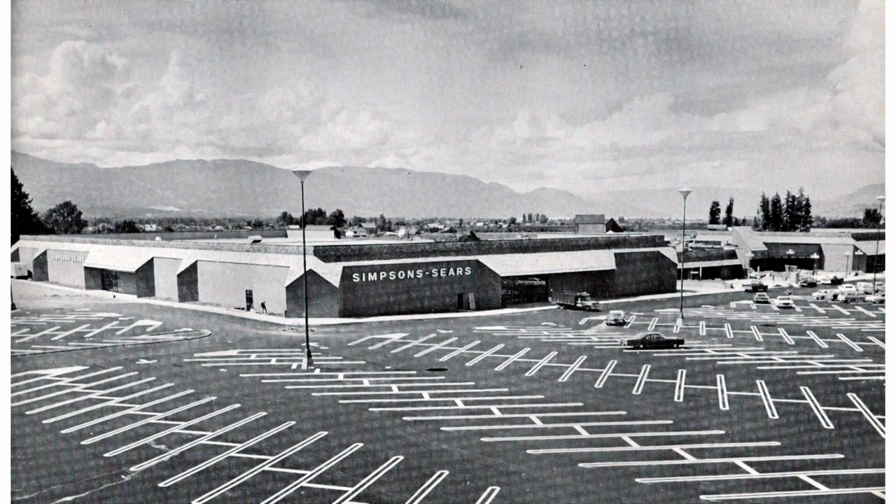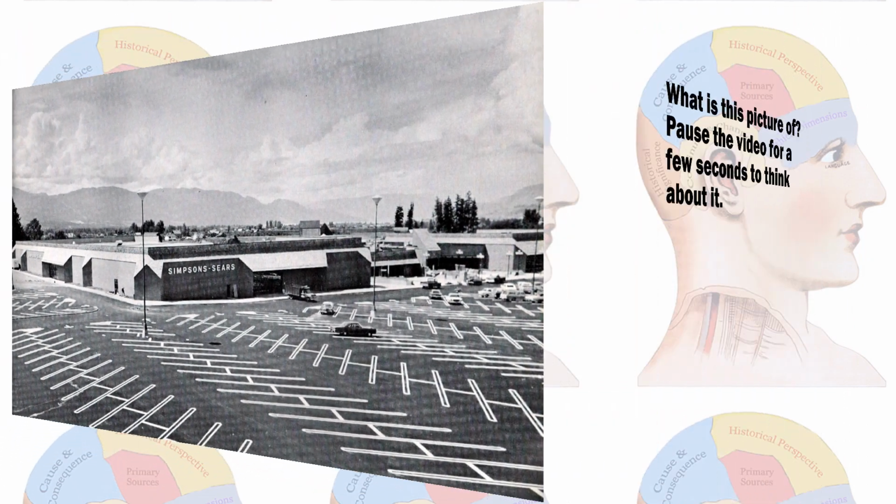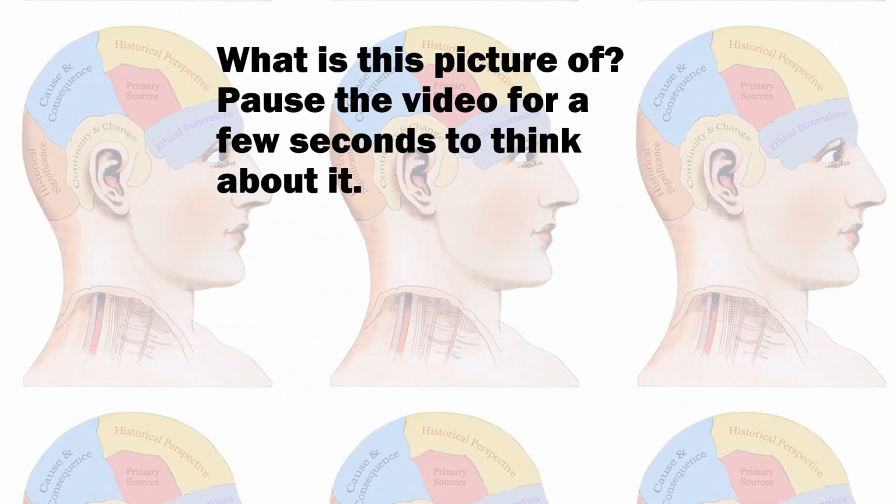This is another historical picture, and I'd like you to think about what this picture might be of and start to compare and contrast it with how things are in that same place today. So what is this picture of? If you need to pause the video for a few seconds to think about it, go ahead.